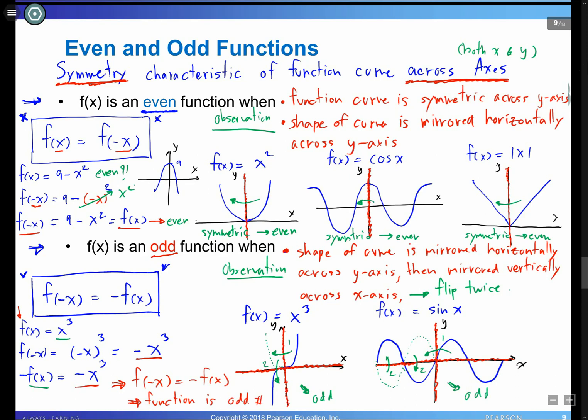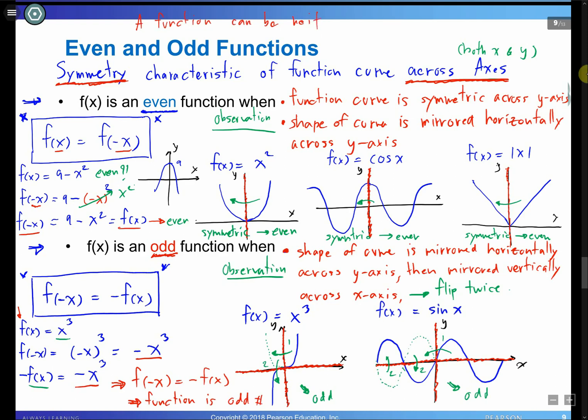Okay, so we talk about the properties of being even and being odd. Let me tell you one thing: a function can be neither of them. So make a note right here. A function can be neither even nor odd.